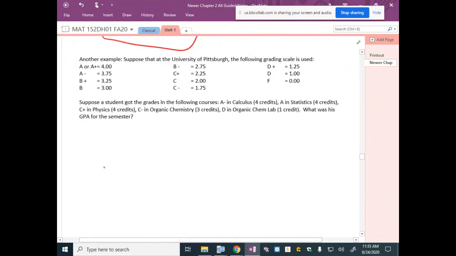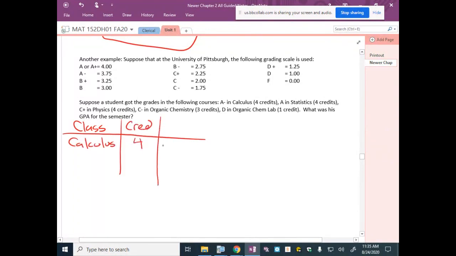So here's how you would do a weighted mean like this. Well, first, your class, calculus. Your credits, there were 4 credits. And your grade, you got an A-, that would be 3.75. You could make a separate column.